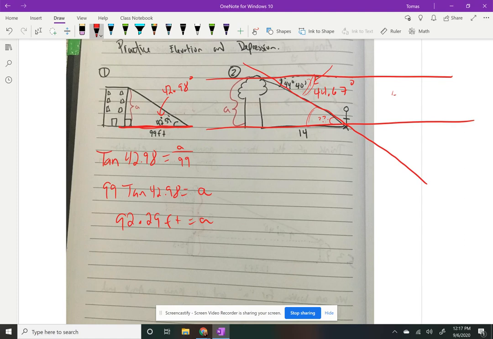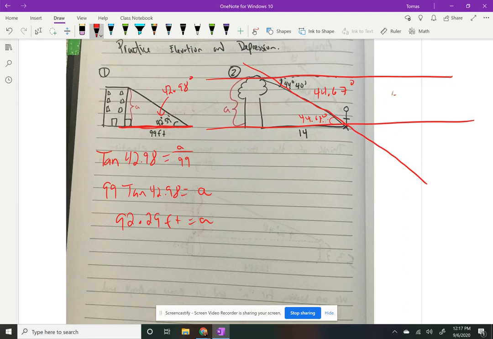They're alternate interior angles, right? So when they're alternate interior angles, that means they are the same. Isn't that wild? So knowing the angle of depression, we already knew what the alternate interior angle would be. So these geometry skills are coming into play today.